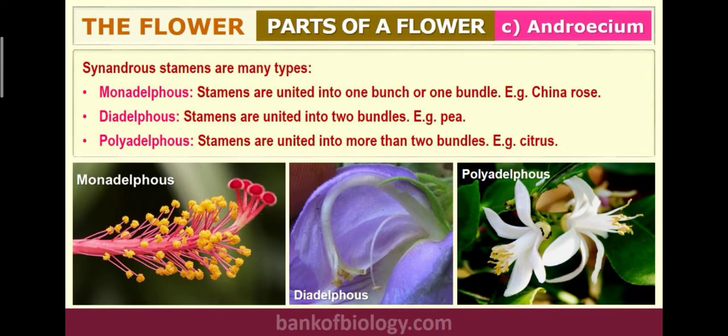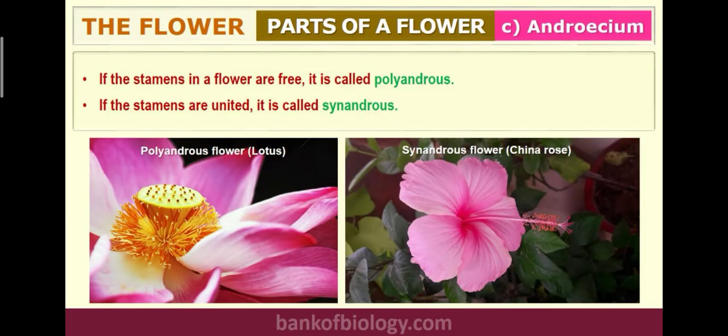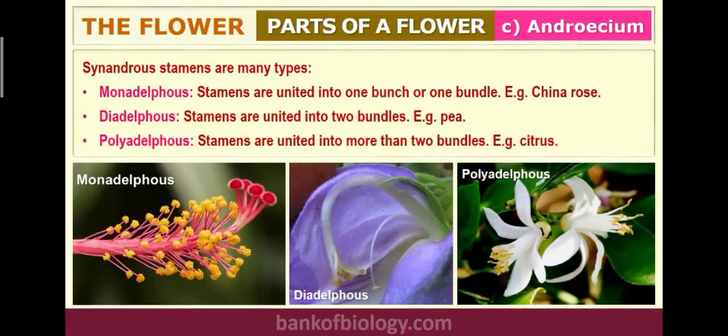Now, united stamens are of many types. अब जो united stamens होते हैं वो बहुत सारे type के होते हैं. कैसे? They are attached together, united together. Okay, so monoadelphous, diadelphous and polyadelphous. Stamens united into one bundle, as in China rose. Stamens united into 2 bundles, as in pea.